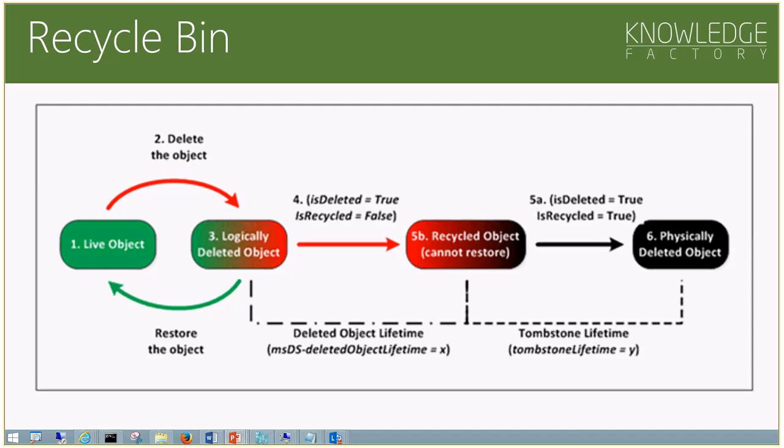To change the set of attributes that are preserved on a recycled object, you need to set the value of the searchFlags attribute in the schema to 0x000008. This process is similar to the process for preserving attributes on legacy versions.